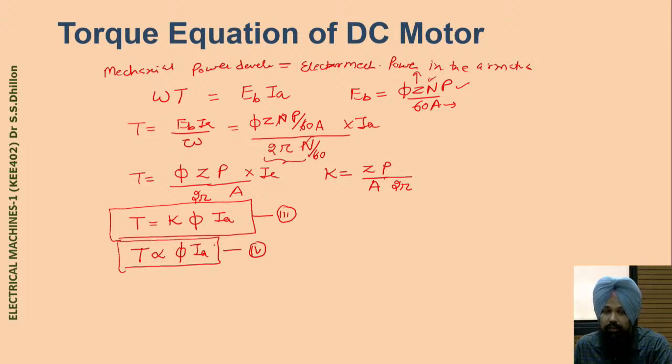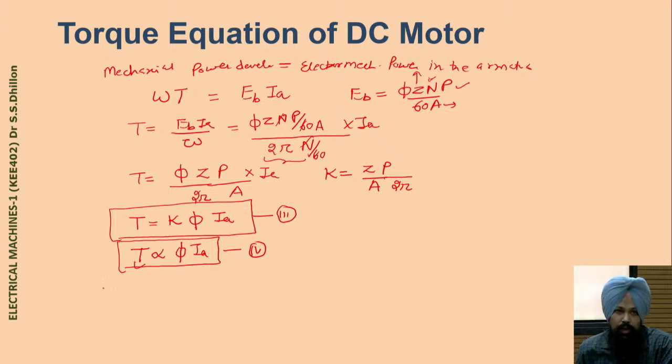This is the generalized equation of the motor. Then we come towards the speed equation, this is the fourth equation we have, after the torque equation, because after that we have to discuss the performance characteristics of DC shunt and series motors. So these are the generalized relations, and in the shunt motor as well as the series motor we have to make some modifications in the parameters so as to get the desired performance from each motor.